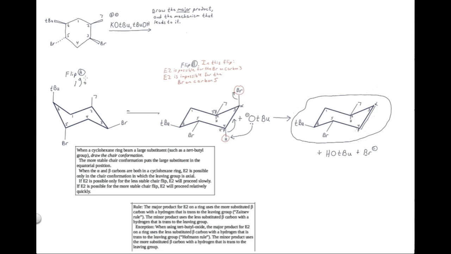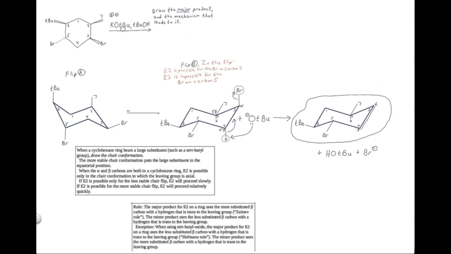The molecule spends only about 1% of its time in this chair flip, so it would be pretty unusual for this bromine to participate in an E2 reaction. On the other hand, this bromine is axial in the chair flip that the molecule spends maybe 99% of its time in. So this is the bromine that's going to give us the major product for E2. So we really did need the chair pictures in order to figure out which bromine would give us the major product.